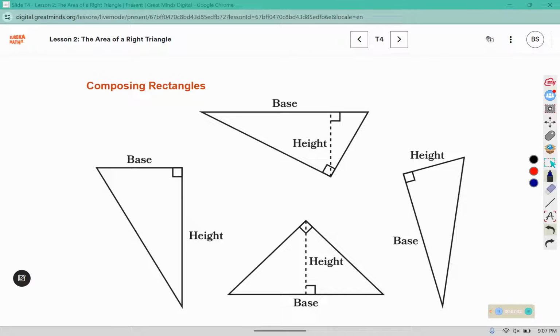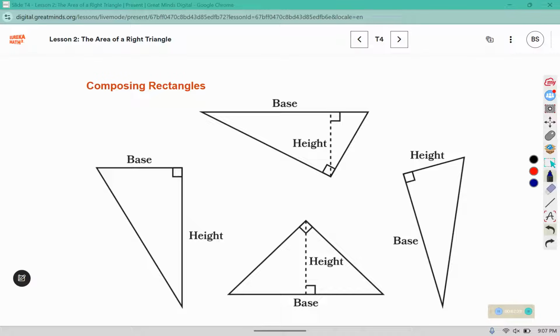Any right triangle can be composed into a rectangle with twice the area of the right triangle. So any right triangle, when we have two of them, can be formed into a rectangle. That is true. The next statement.